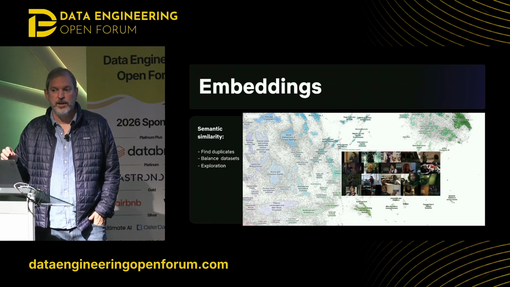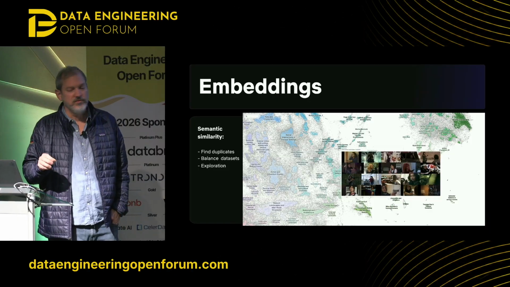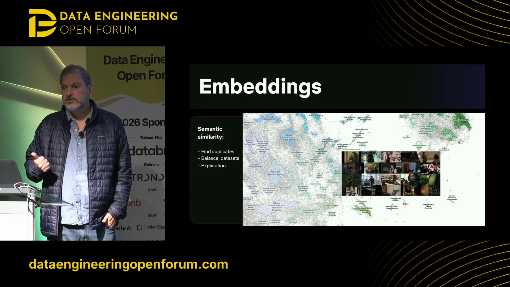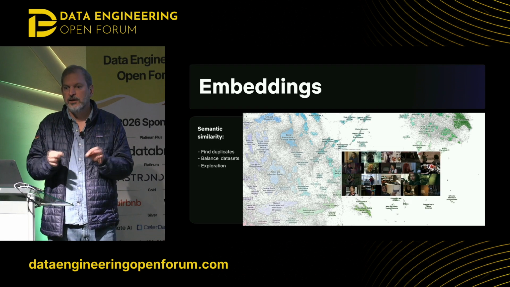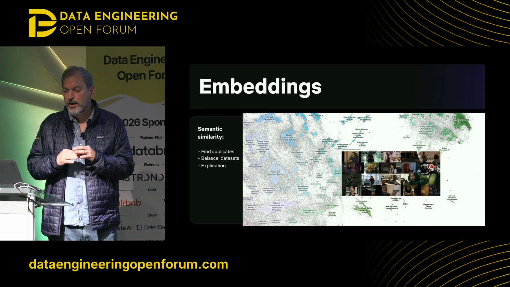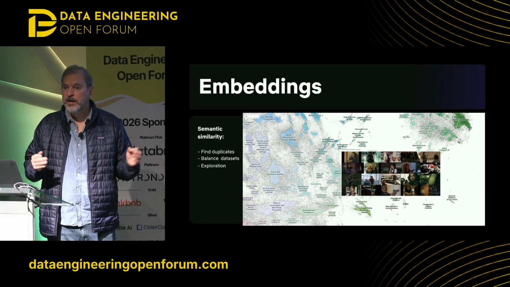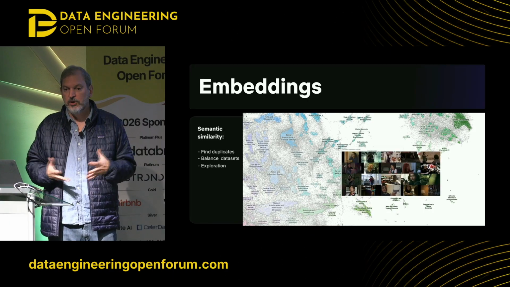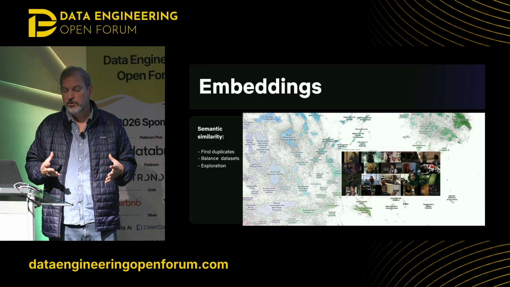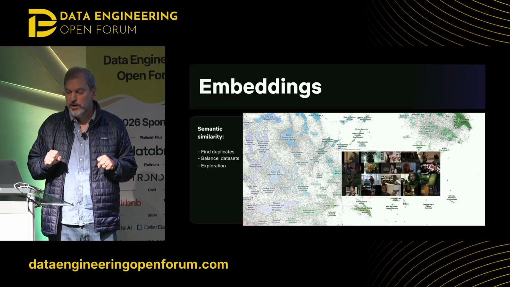Also, you can plot the embeddings. The embeddings are very useful for deduplication. You can find when communities are close together, they might be identical. So you might have the chance to deduplicate a lot of the data. You can also balance data sets. In our case, we have a lot of human faces in our photographs. Photographs are frames.